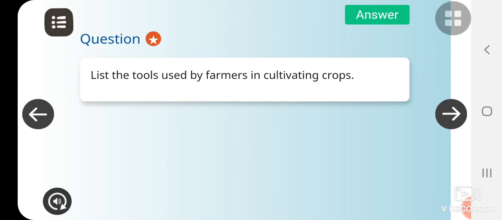List the tools used by farmers in cultivating crops.